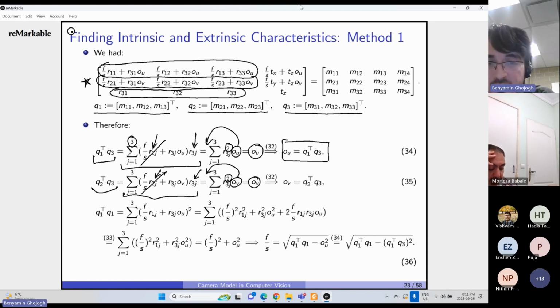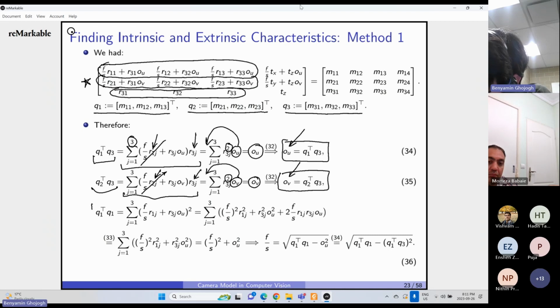You will have ov times 1. Therefore, ov equals this. What did we want to find? We wanted to find ou, ov, f over s, t, r, right? All of these. ou is found. ov is found.